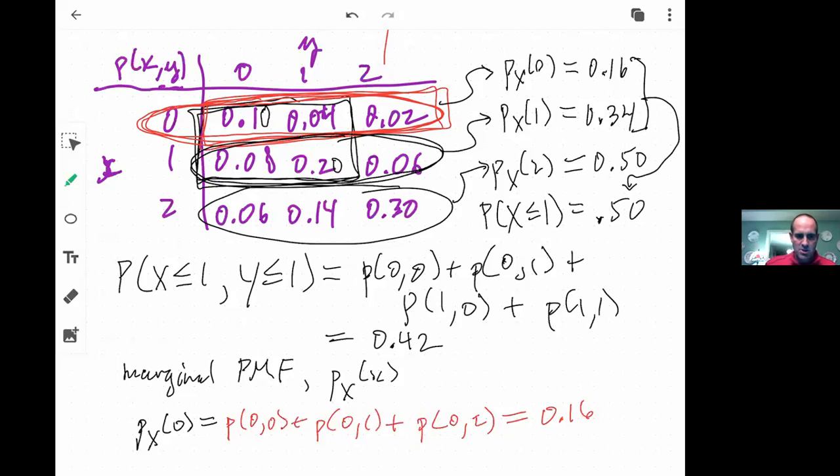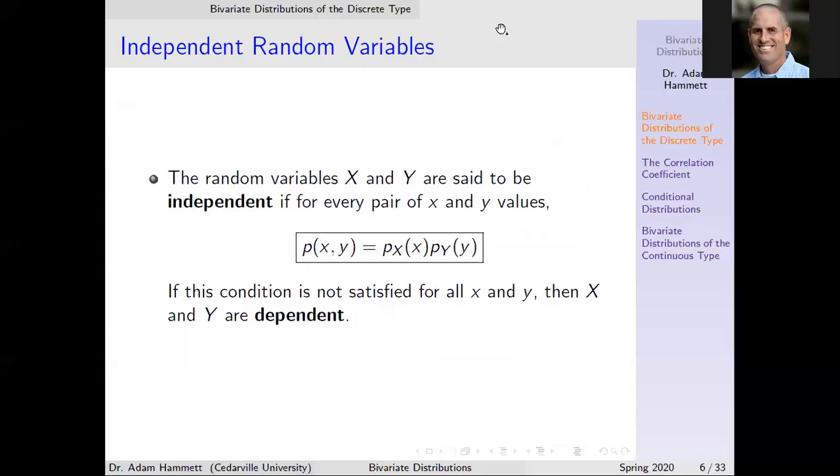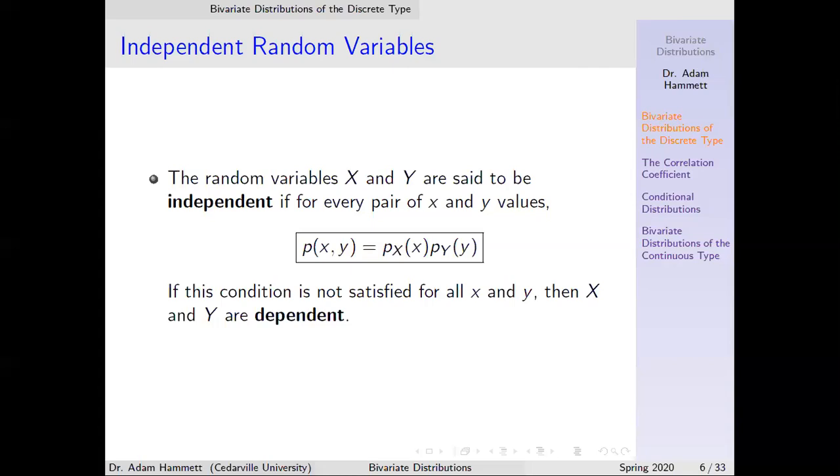So that said, we're ready to move on. Let's talk about independence a little bit here. We've talked about independence in the sense of events, but here we're talking about independence in the sense of random variables themselves.